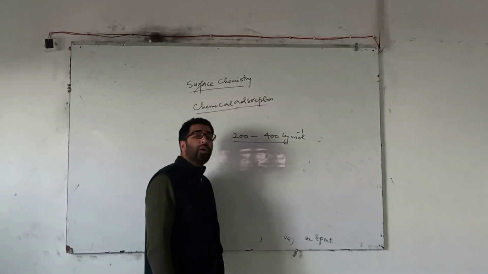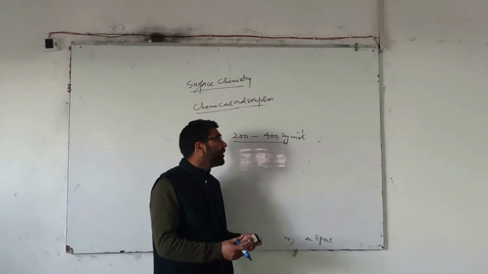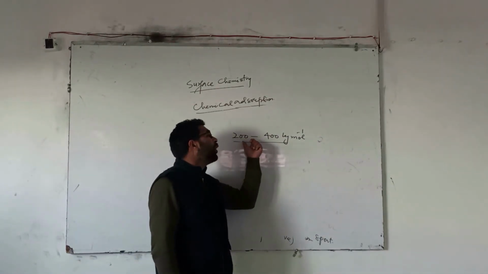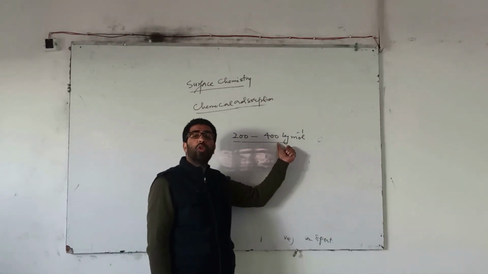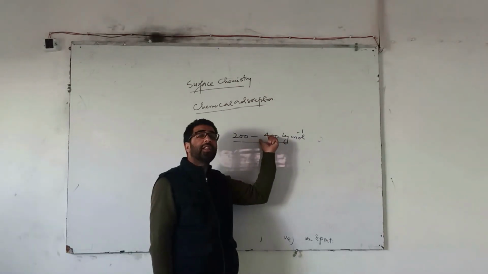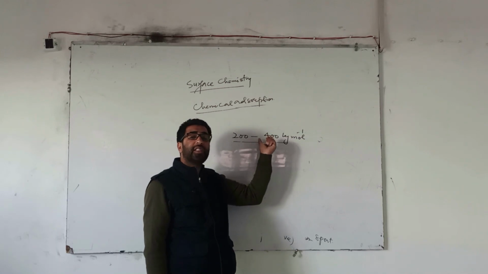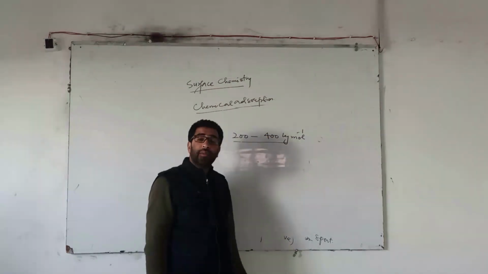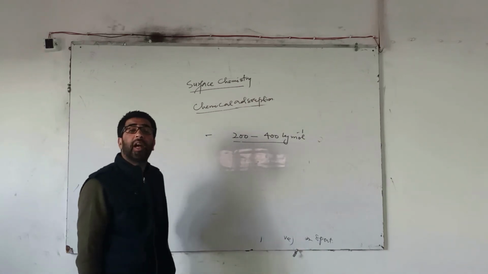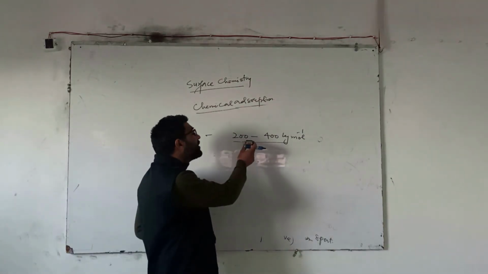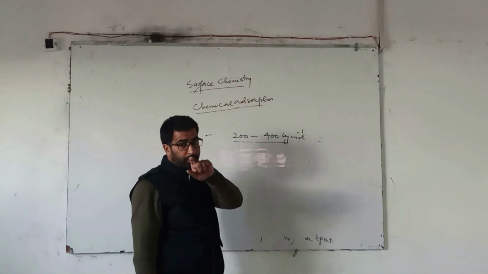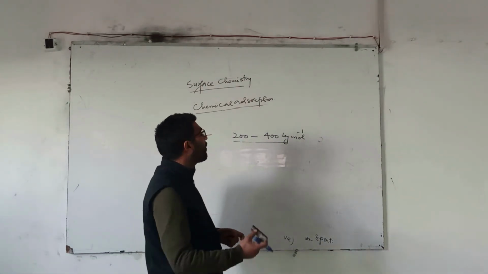If you have read bonding in your previous class, you have learned that whenever a covalent bond is formed, there is release of 200 to 400 kilojoules per mole of energy. This enthalpy of chemical adsorption denotes that there is the formation of the chemical bond between the adsorbate and the adsorbent.